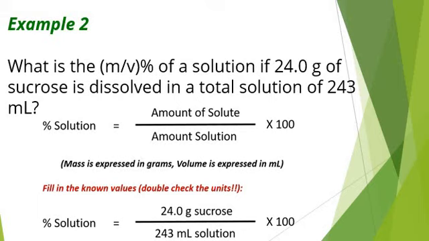In the verbal example I discussed earlier, a 2% solution for carbohydrate testing, usually 2% solutions are prepared: we take 2 gram and make up the volume to 100 ml. However, in this case we have the amount in gram, but the total volume is not 100 ml, rather it is 243 ml. So we will place 24 gram on the upper side and 243 ml on the lower side and multiply with 100, and we will get its percentage.